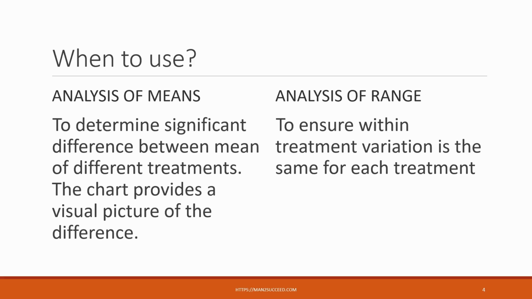If we have means of different treatments and want to find a significant difference, we will do this. Then the chart provides a visual picture, so the difference can be observed from the chart. Similarly, ANOR we will be using to ensure that the within-treatment variation is the same for each treatment. That we will be checking. So this is different.